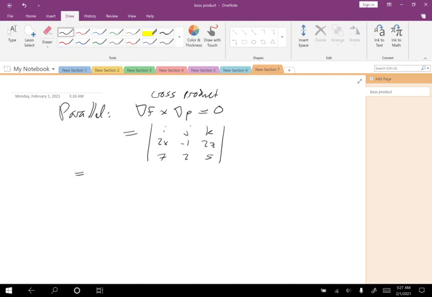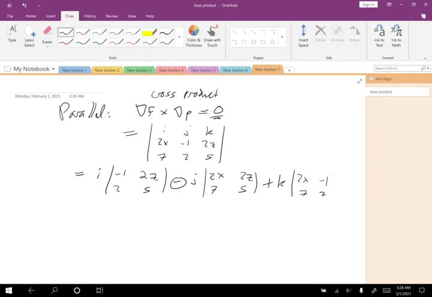So this will be i times the determinant of negative 1, 2z, 2, 5, minus j. Remember, you need that minus sign, although in this case it's 0, so you can make that mistake if you want to, but only this time. So 2x, 2z, 7, 5, plus k times 2x, negative 1, 7, 2.